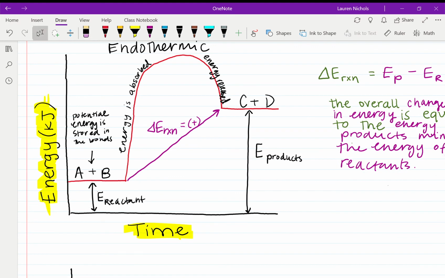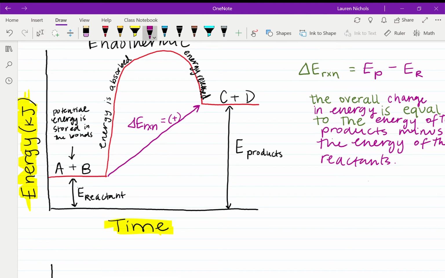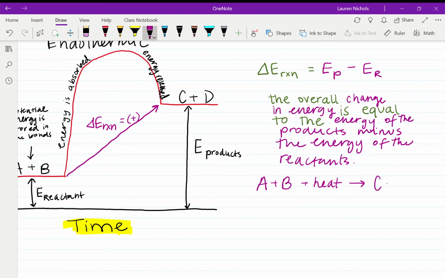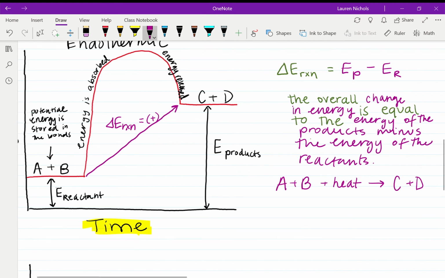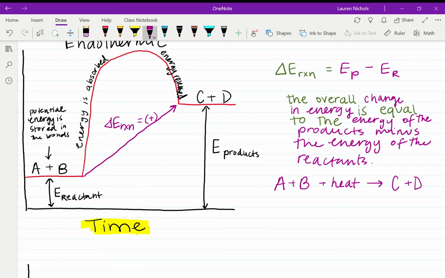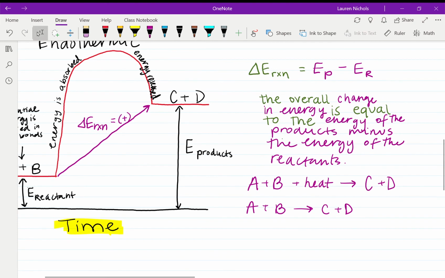And you could also see its reaction written two separate ways. You could have said A plus B plus heat produces C plus D. Okay, you could have also seen it written as A plus B produces C plus D, and you could have had delta E is equal to 50 kilojoules kind of written at the end.